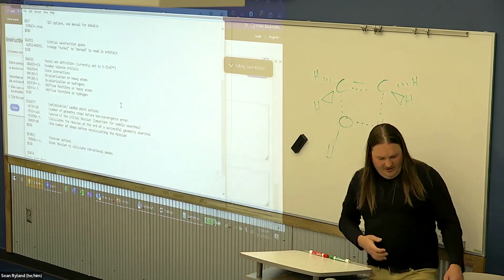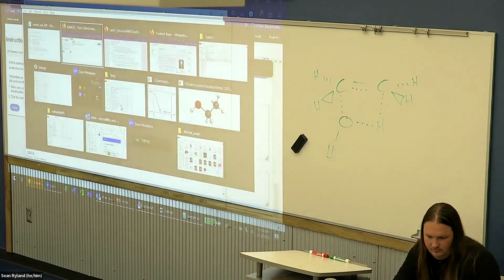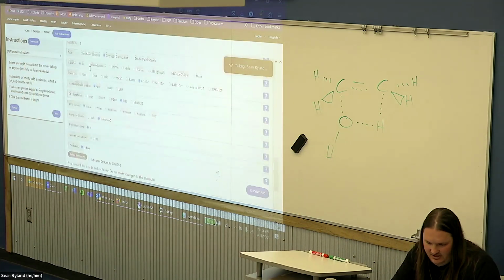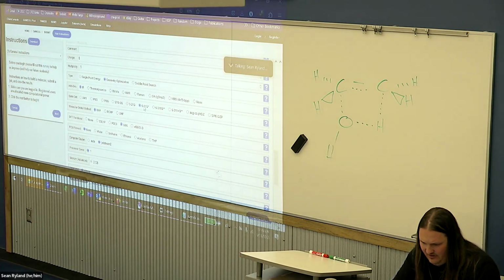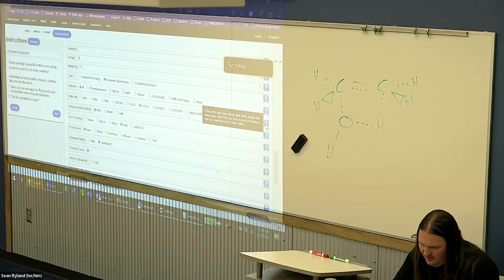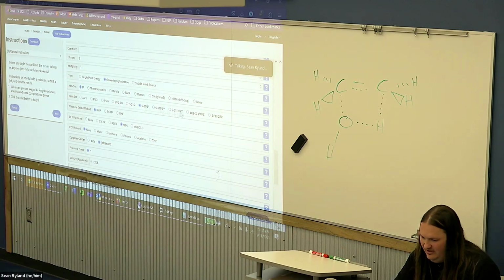And if we go back to this part that builds our system for us, it has 6-31 G star versus 6-311 G double star versus 6-311 plus G double star versus these even larger systems.